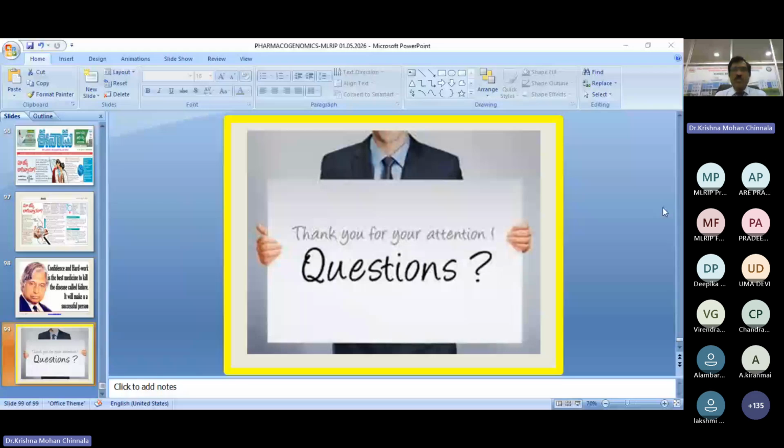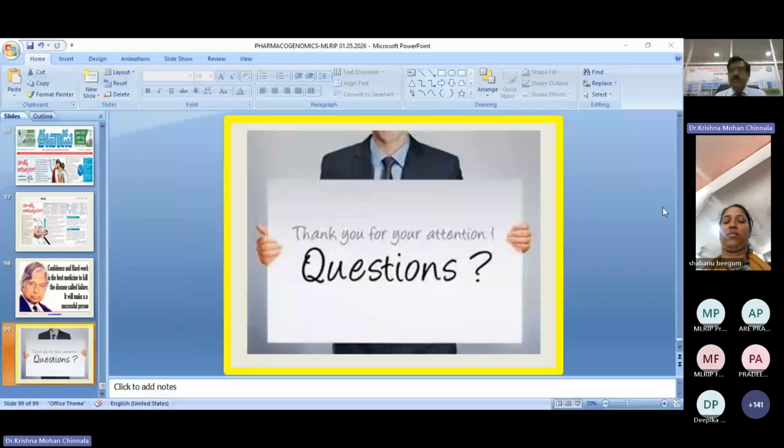In the sun, all three gods are there: the creator, the protector, the destroyer. The same way, a pharmacist is a creator, a protector, and a destroyer of expired medicines. So feel proud to be a pharmacist. That's what I am saying.